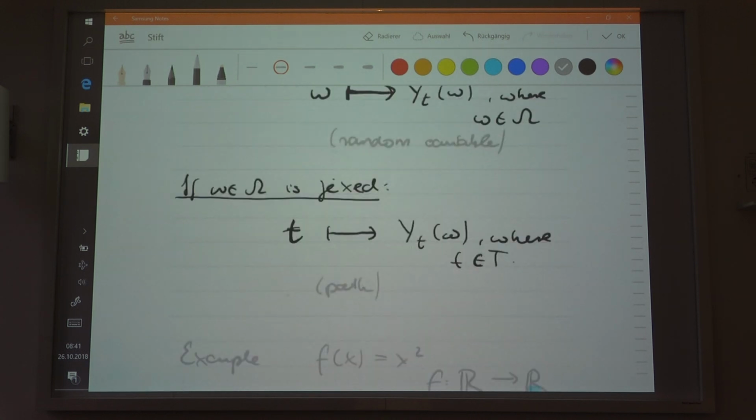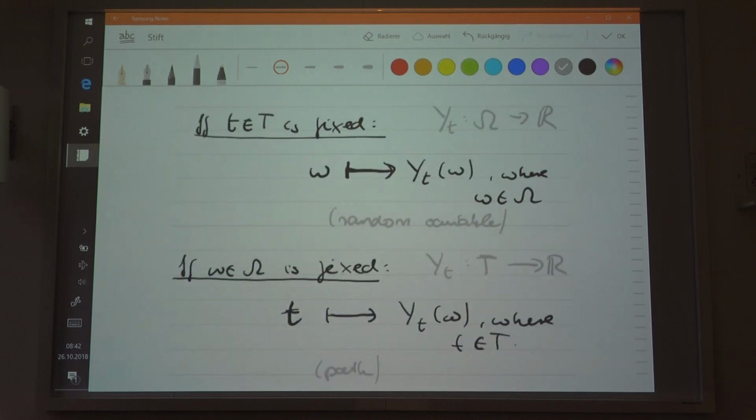And in the other case, you have the time: the function goes from the time to the set of real numbers, so you have the path of the stochastic process. This is the function that you have here. Does omega go to capital T? No, it doesn't go to capital T, omega goes to the set of real numbers.